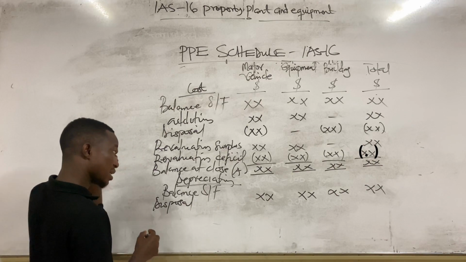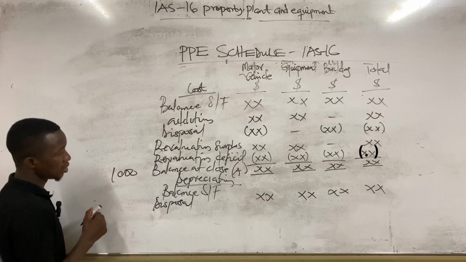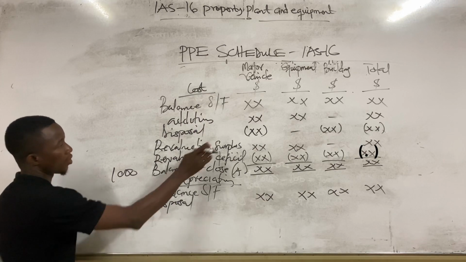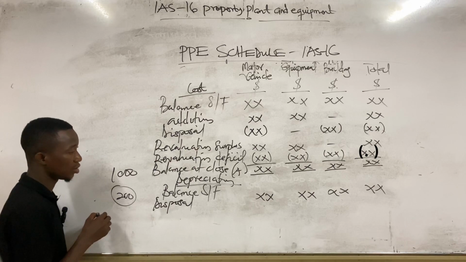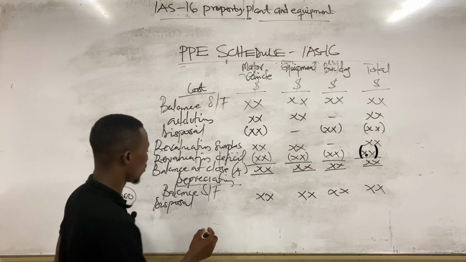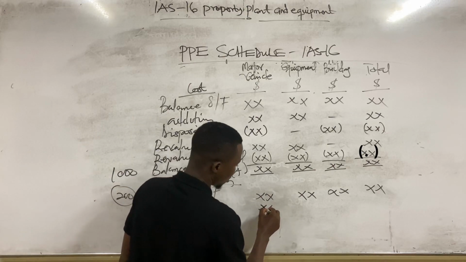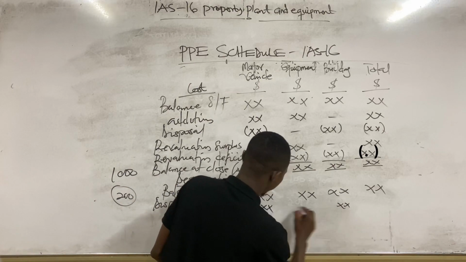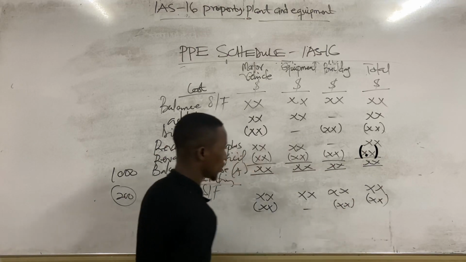So if an asset cost $1,000, then we sold it out, we record the cost here. There is an accumulated depreciation on this asset of $200. We also need to subtract. So for accumulated depreciation for the disposed assets, we subtract. Okay, we subtract. Is that okay?